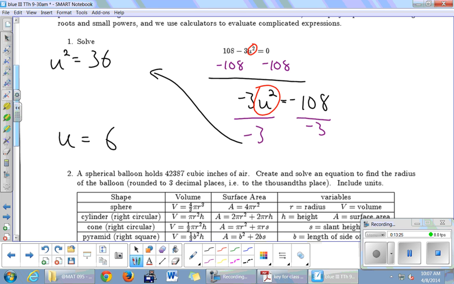If I take negative 6 and I square it, because that's saying take the number and square it, I think I'm justified in putting these parentheses even though they weren't there to start. Okay, well, what does that mean? It means negative 6 times negative 6, and it's positive 36. So all of a sudden, for the first time all semester, there are 2 answers to an equation. u equals 6 is one of the answers, and u equals negative 6 is the other answer.